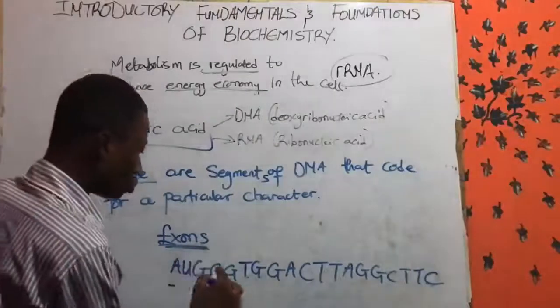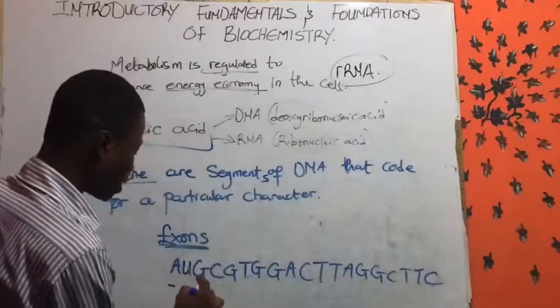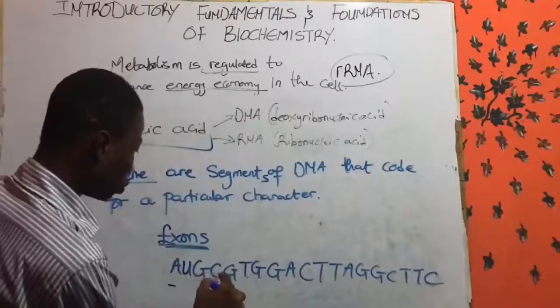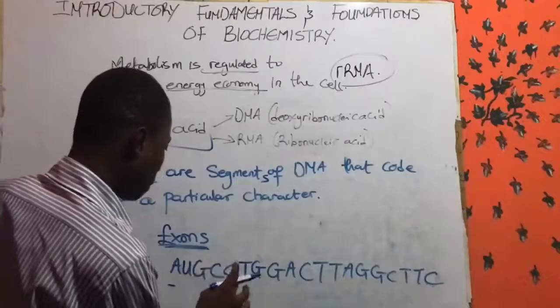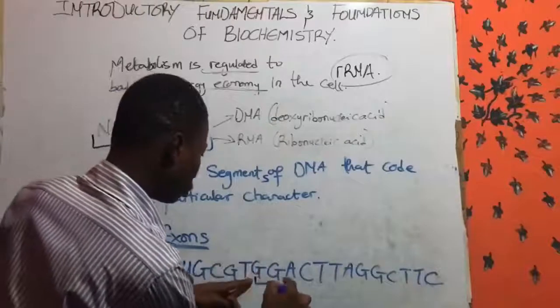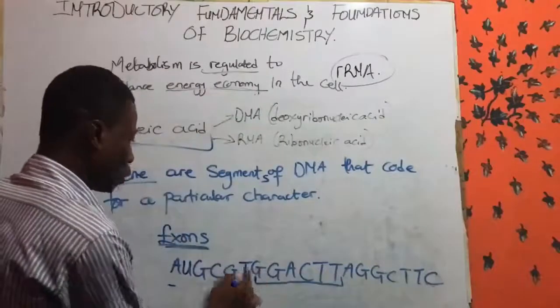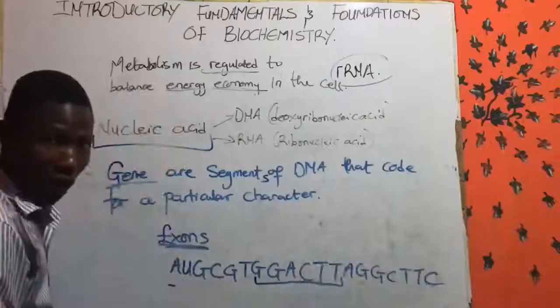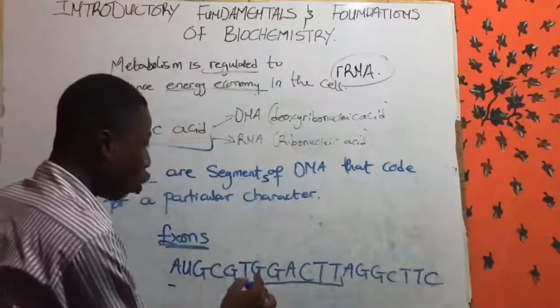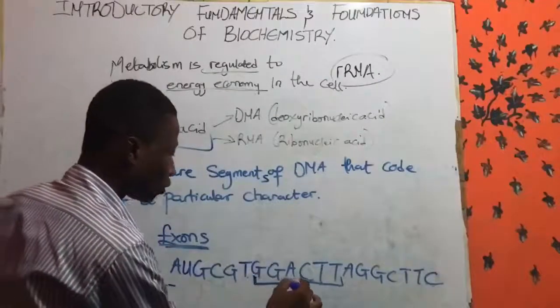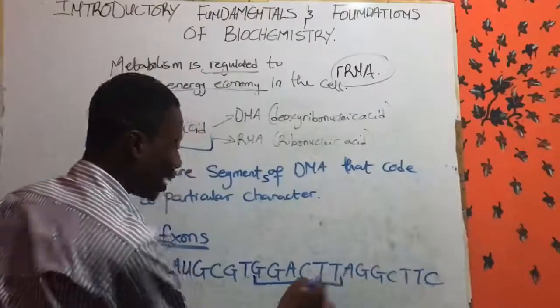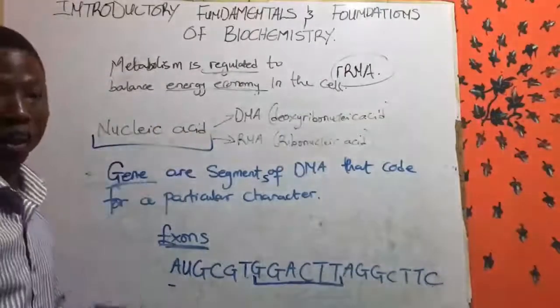Because it occurs in codons, in triads, in this chain, it may be only this that is coding for a particular character.